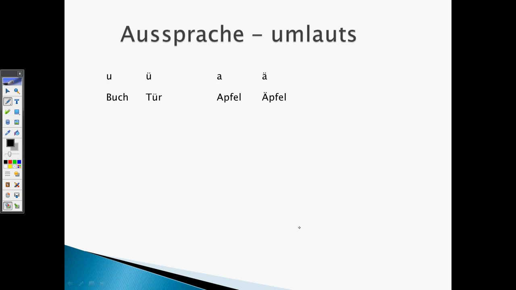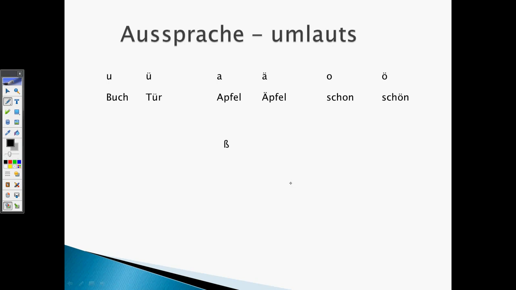Die Äpfel, the apples. Next one would be O, Ö: schon, schön. Gut. So that would be schon for already and schön for lovely, pretty, nice.